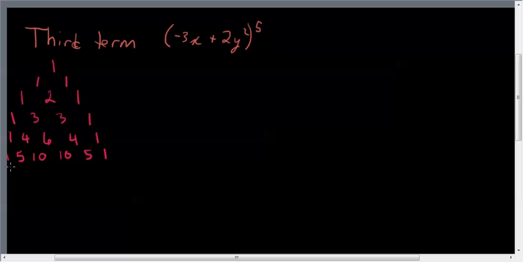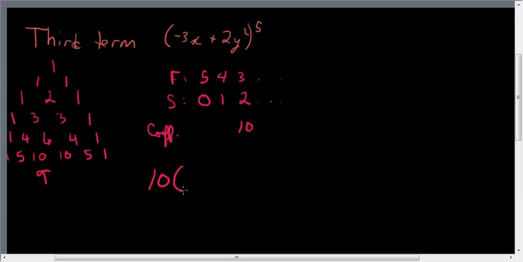Now the third term, 1, 2, 3, I'm going to cheat here. The second term starts with 0, 1, 2. The first term starts with 5, 4, 3, dot dot dot. But we're only looking for this third term, and the coefficient is going to be 10. Alright, so this is going to be the coefficient of 10.